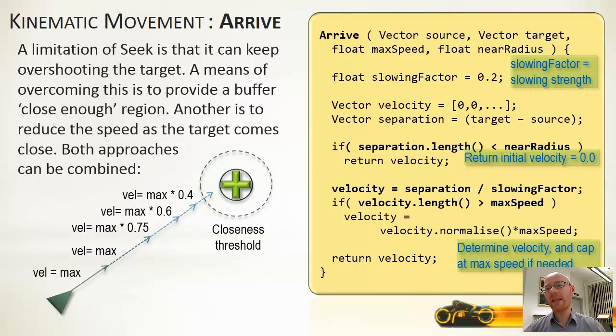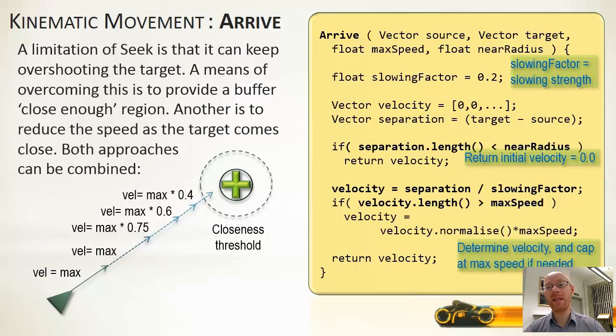Now, the line as stated could be problematic. If we're very far away, then separation is going to be quite a large value, and we could end up with a very large velocity, one that's larger than the maximum speed that we're prepared to move along with. So we check here to see that, okay, well, we'll have a guess at the velocity. If the length of the velocity, now the length of a velocity vector is the speed, is another way of putting it.